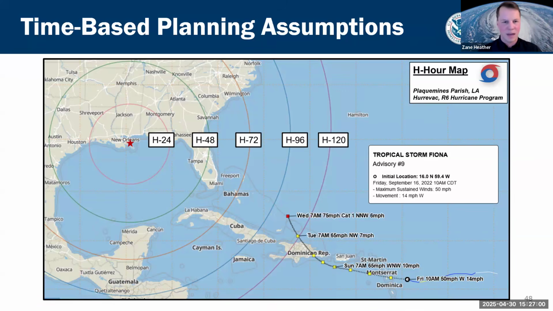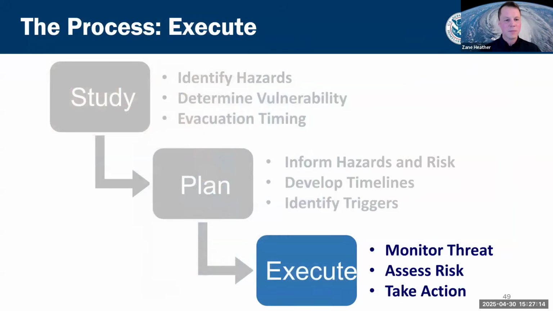So you can see based off this example and the jurisdiction in question, we have 96 hours before impacts, or roughly between 96 and 120 hours before impacts are anticipated to make those decisions.